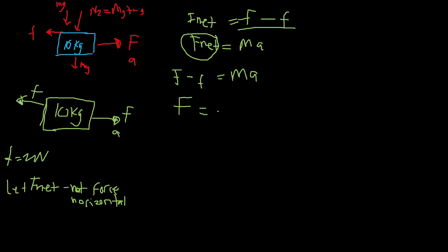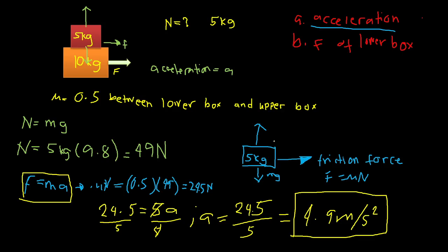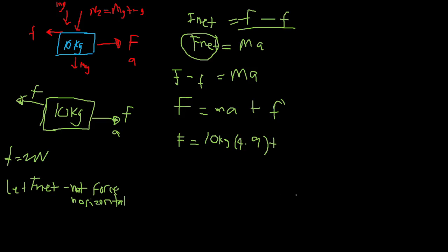F is equal to mass times acceleration plus friction, kasi ang hinahanap natin ay si force F. Ang ating mass ay 10 kg, times ang ating acceleration kanina na 4.9, plus yung ating friction kanina na 24.5.